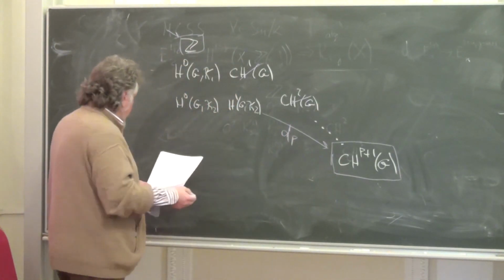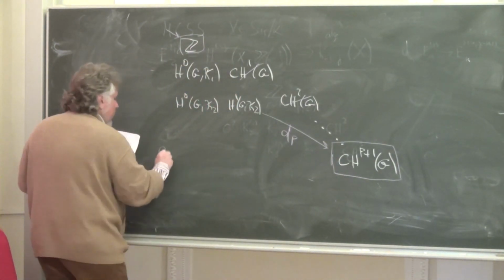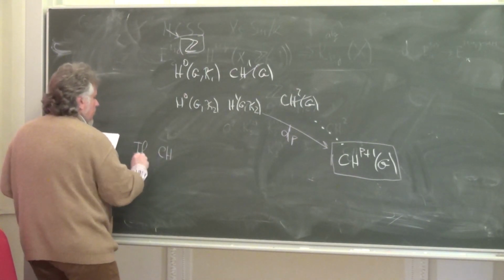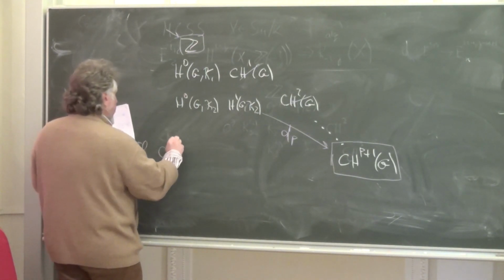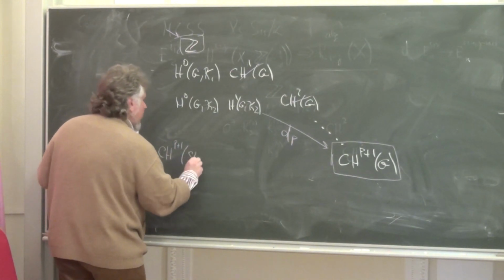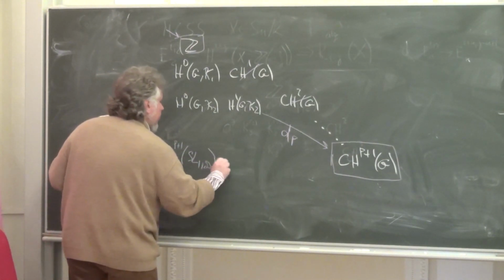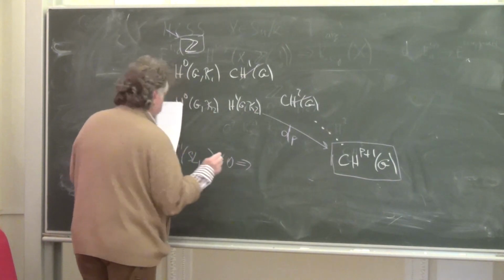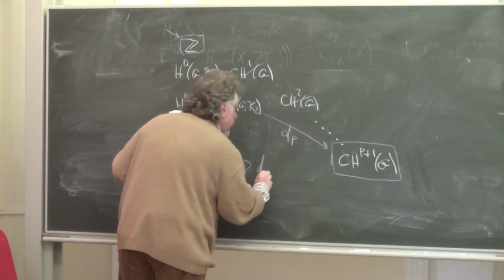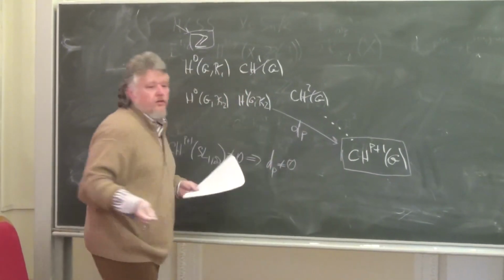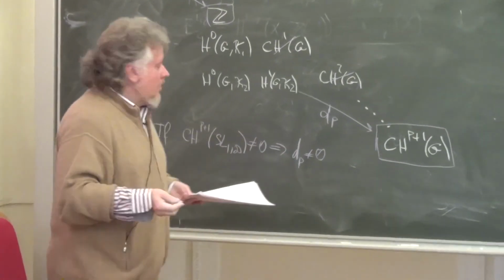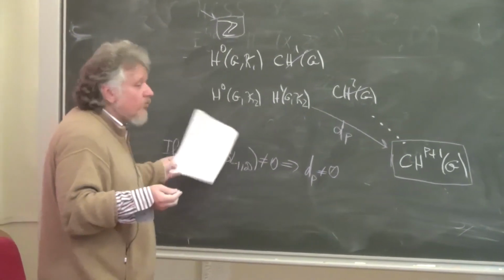So the conclusion: if Chow p plus 1 of SL1(D) is non-zero, then dp is non-zero. And this happens to be non-zero.